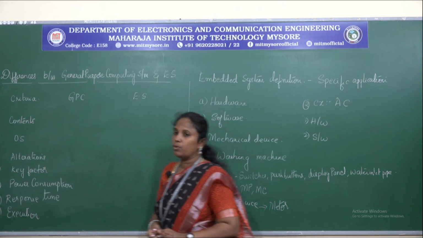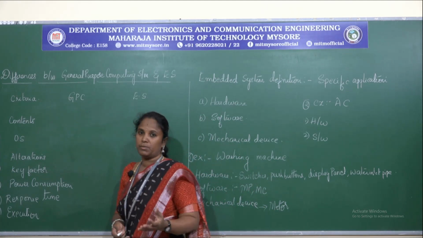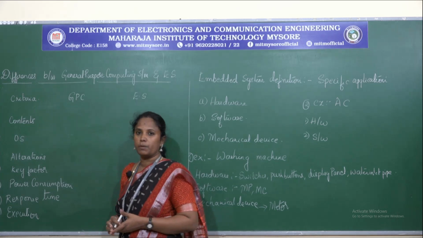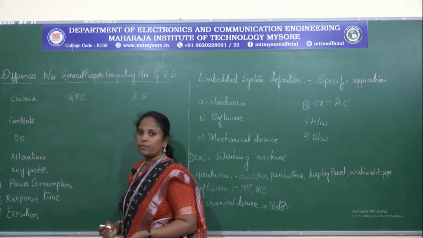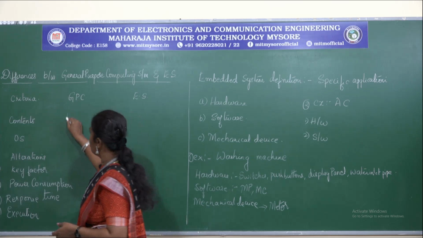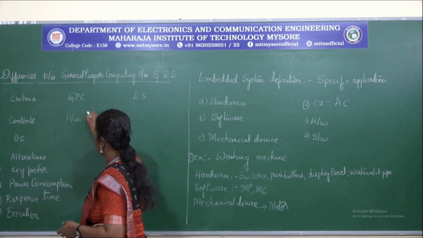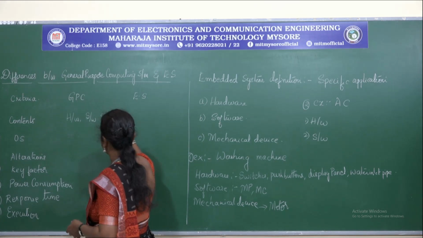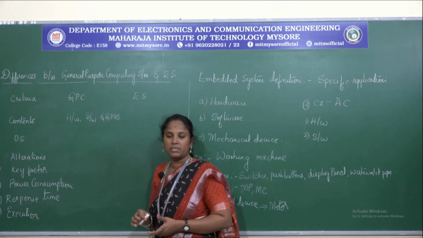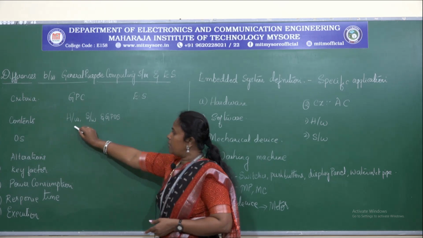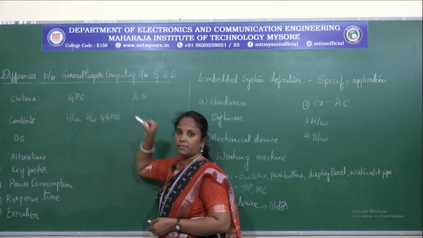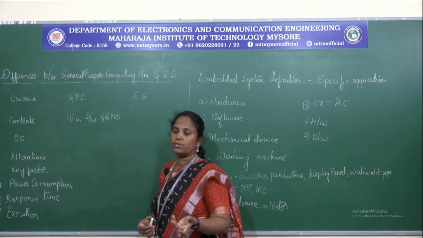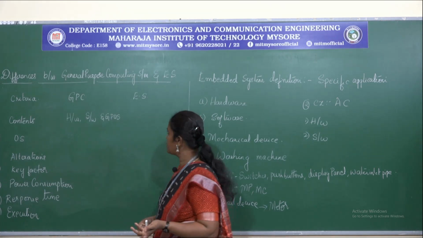The first criterion is contents. What is present in a general purpose computing system? Of course, it consists of hardware, software and a general purpose operating system, which you can use for a variety of applications.